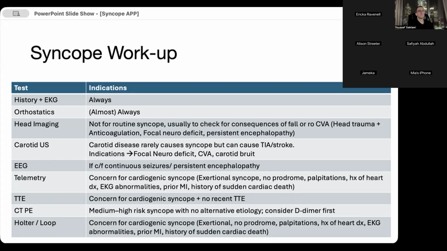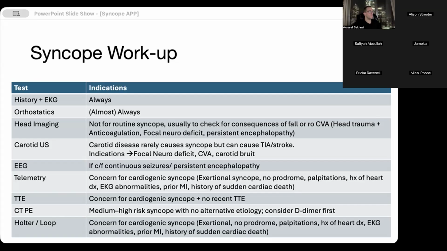But you can't get a history from them, and so I often find myself writing suspected syncope, unable to obtain history from patient. And I feel like I order a lot of echoes. How would you advise on managing those type of patients with regards to trying to limit the amount of echoes that are ordered unnecessarily?